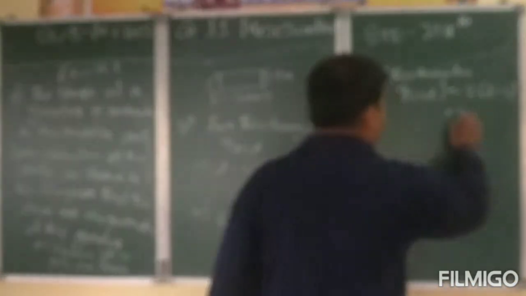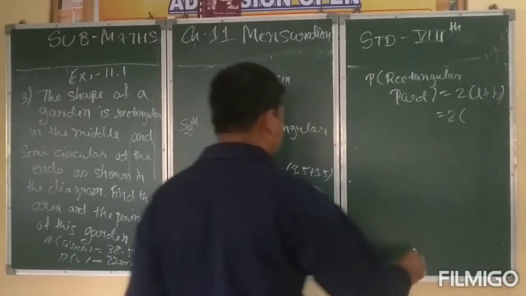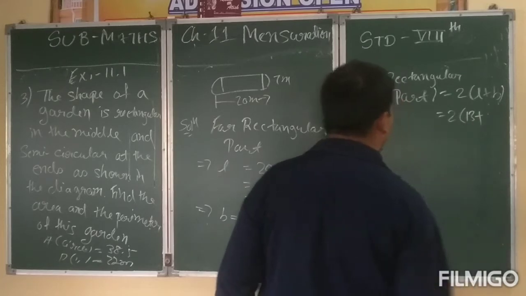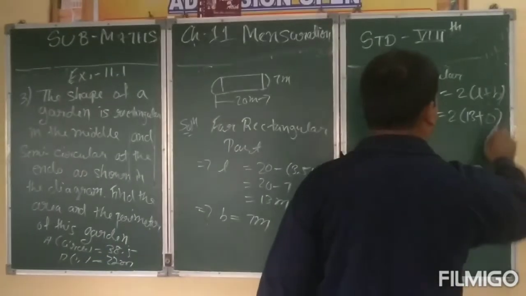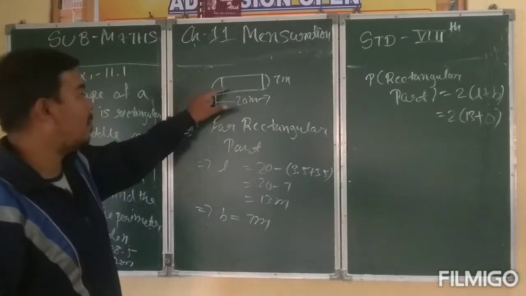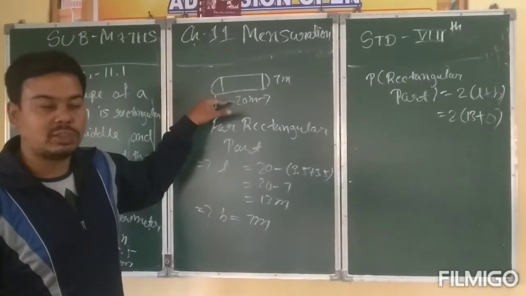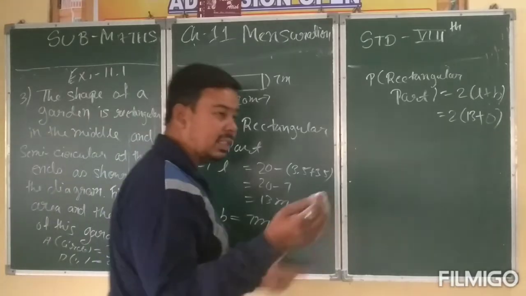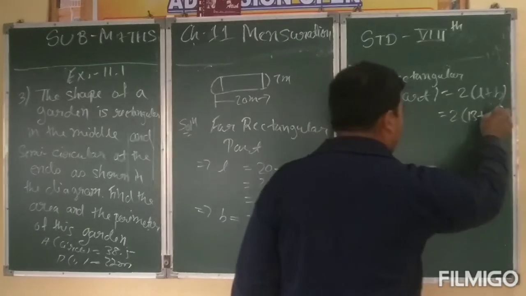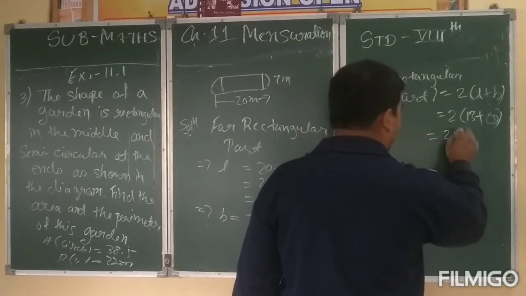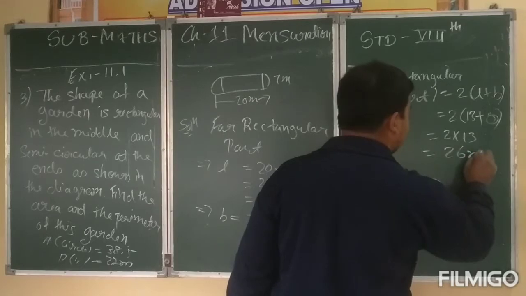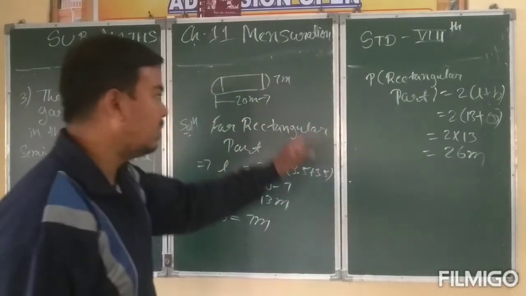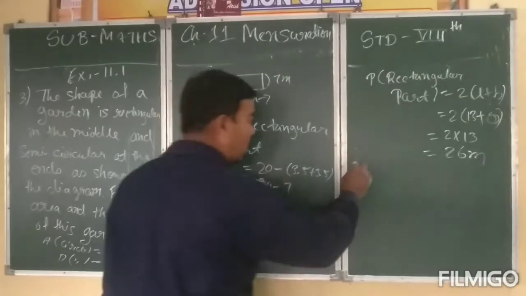So we take the length as 13 meter, but breadth we assume here 0, because that portion will be covered by the semicircular portion. So that's why breadth is not given. We write here breadth is 0. So 2 into 13, 26 meter. This is the perimeter of the rectangular part.